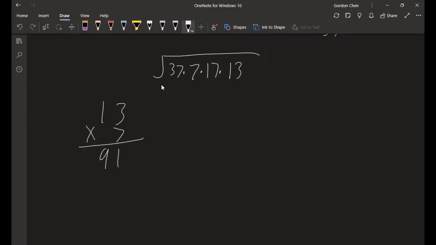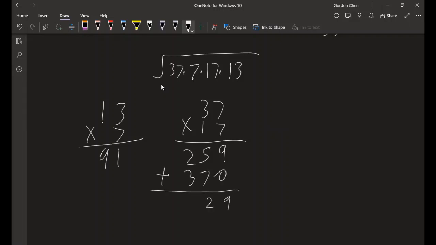And if we want to expand this, we compute 37 times 13, then times 17, which gives 629, and then 629 times 91.